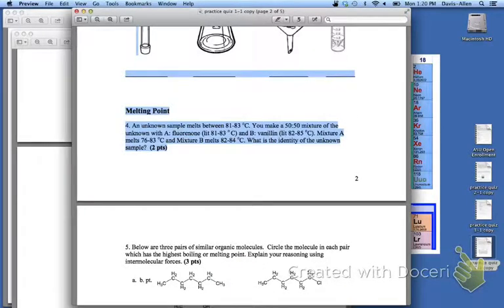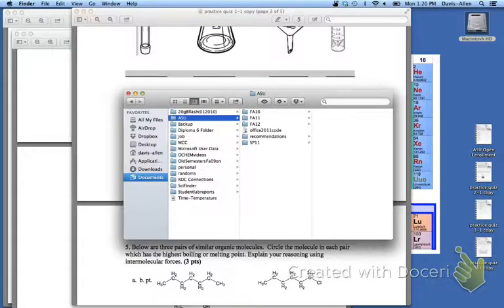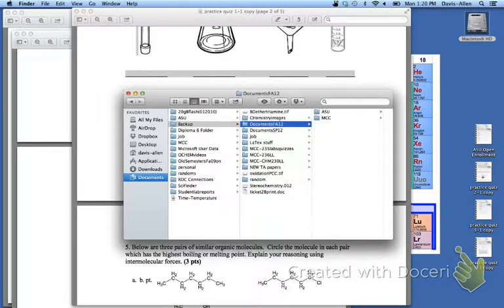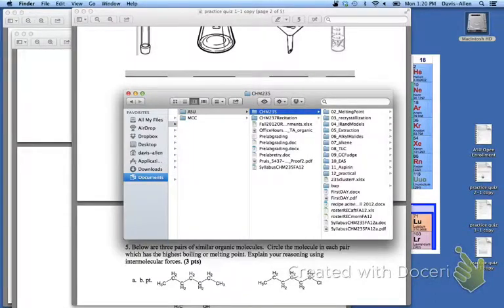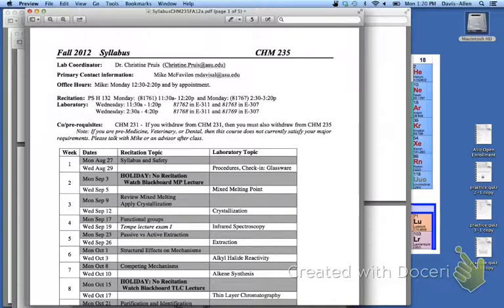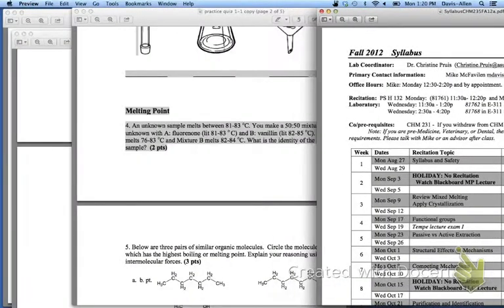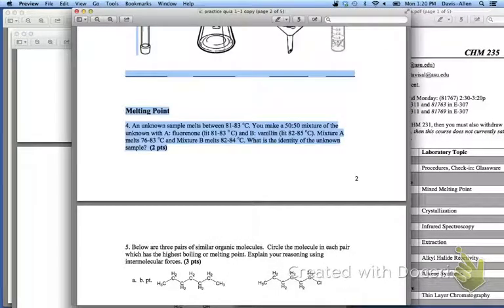So the other thing I want to pull up here, let's get the syllabus to make sure it covers all the labs. So I can't, or I won't do glassware, but safety is important.